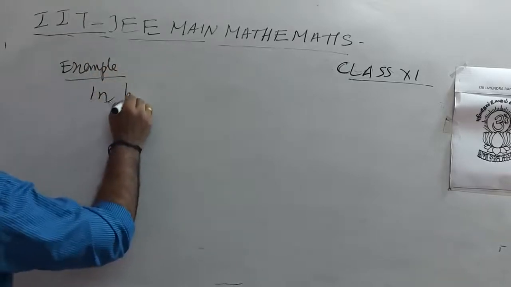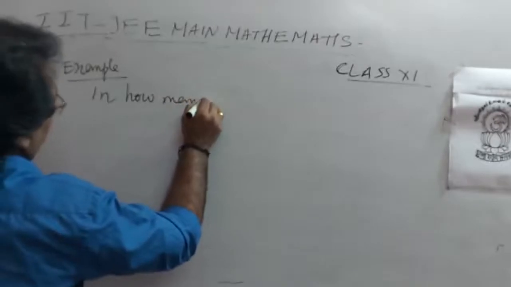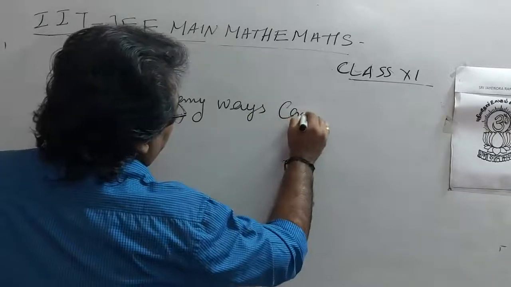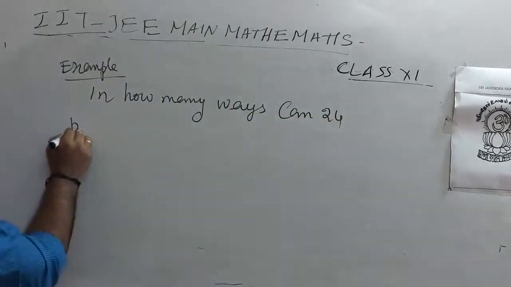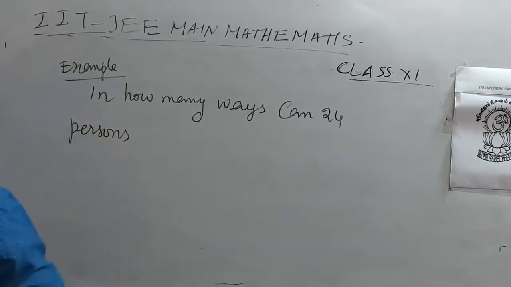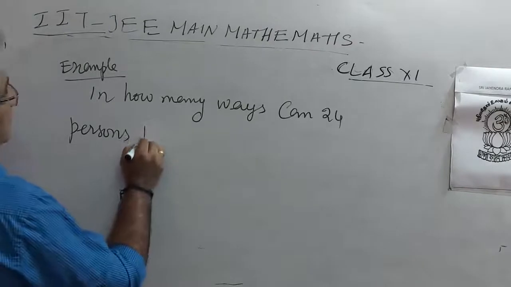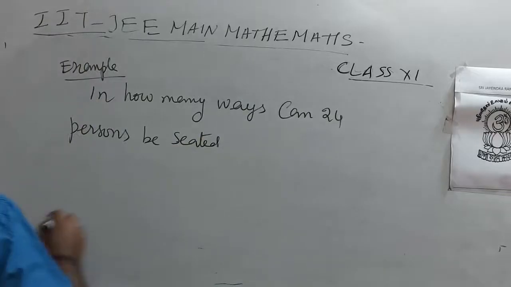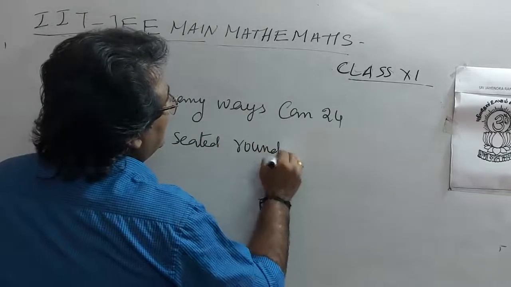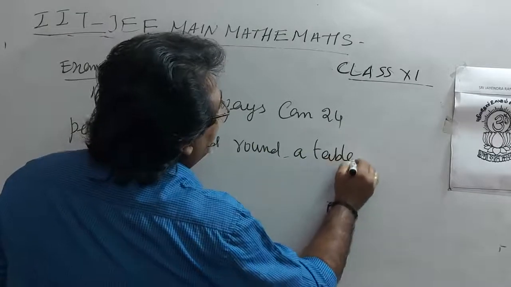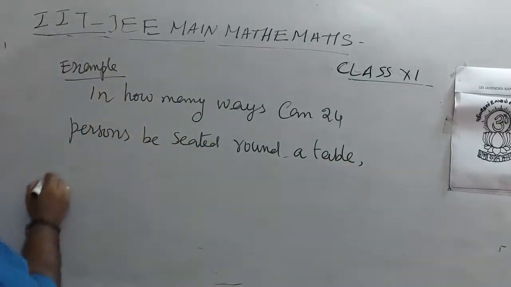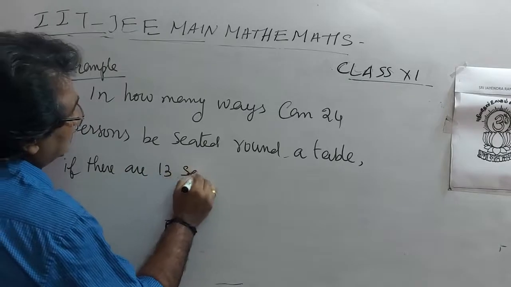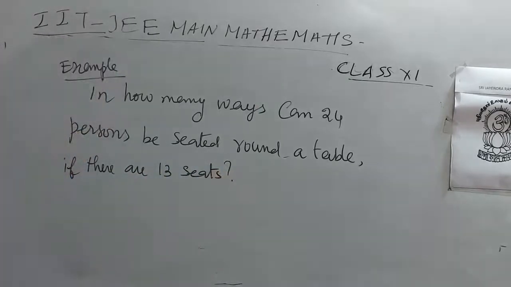Example: in how many ways can 24 persons be seated round a table if there are 13 seats?